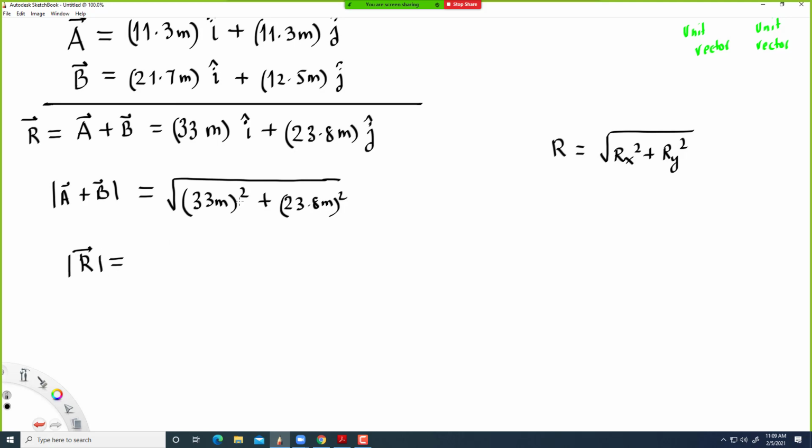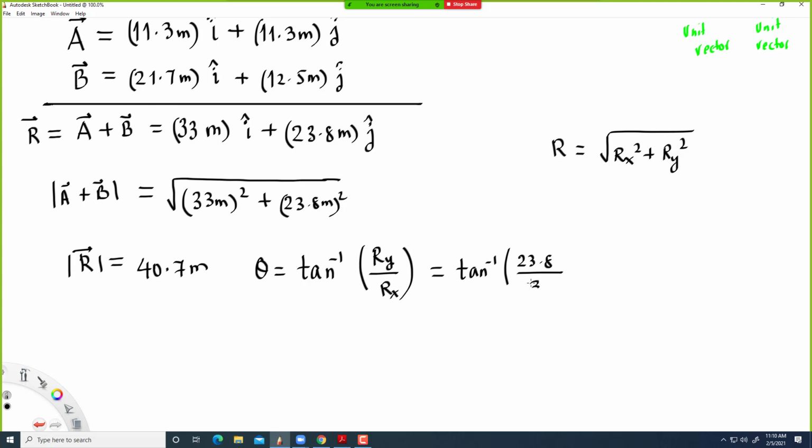So let's do the math. I got 40.7. Is that what you guys got? 40.7? Okay, 40.7 meters. And then we also need to find the angle. So angle is tan inverse y component over x component. So tan inverse, y component is 23.8, x component is 33, and you do the math.